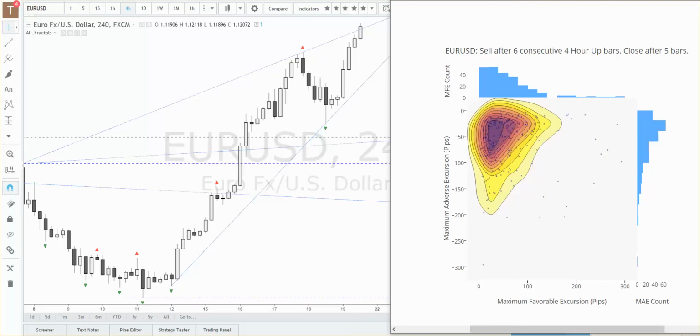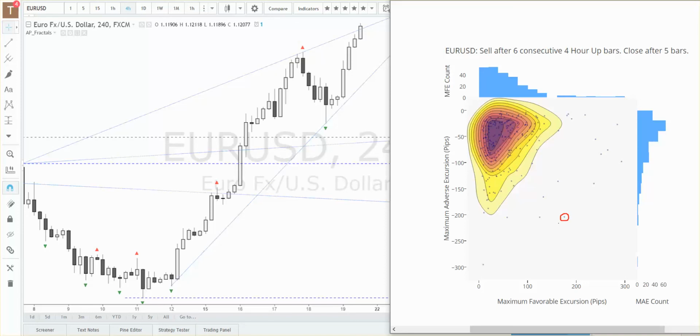So for example, if we look at this outlier here, let's see if I can color it. Yeah, there you go.